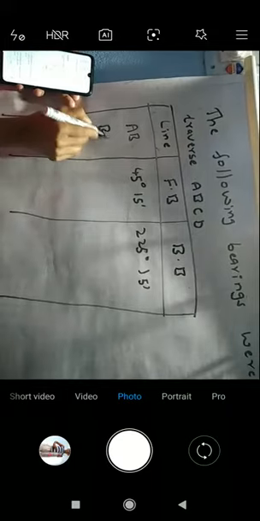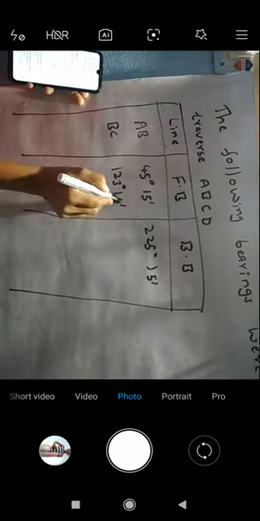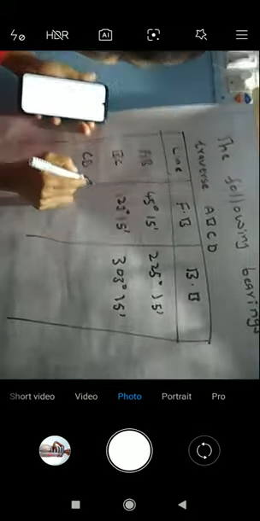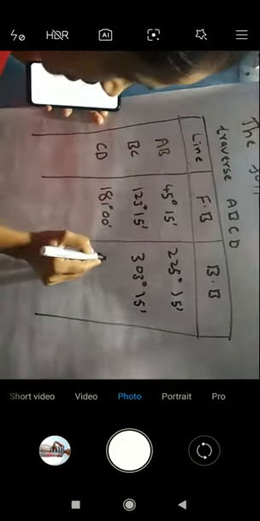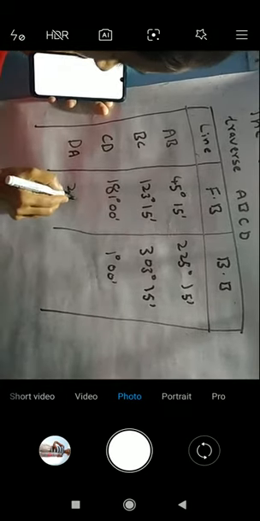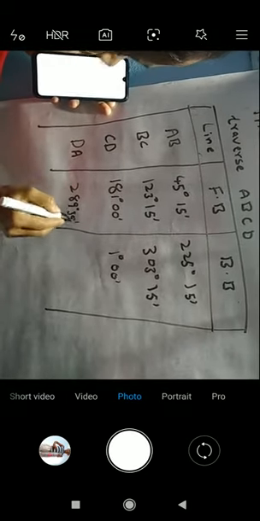For line BC, fore bearing is 123 degrees 15 minutes and back bearing is 303 degrees 15 minutes. For line CD, fore bearing is 181 degrees 00 minutes and back bearing is 1 degree 00 minutes. For line DA, fore bearing is 289 degrees 30 minutes, back bearing is 109 degrees 30 minutes.